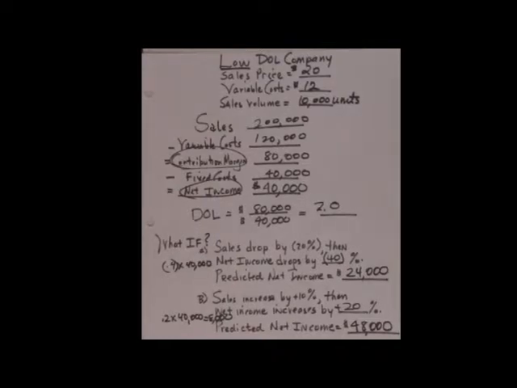Let's look at an example with the sales going up by 10%, then net income will be 2 times that, or a 20% increase. 20% of 40,000, of course, is $8,000. So the predicted income is 40 plus 8, or 48,000.